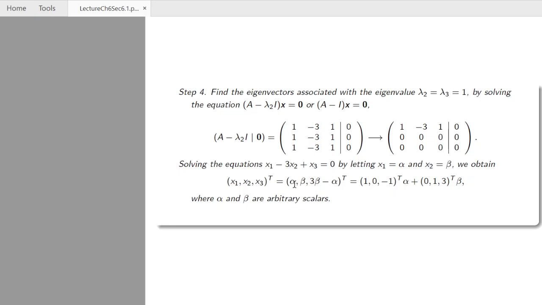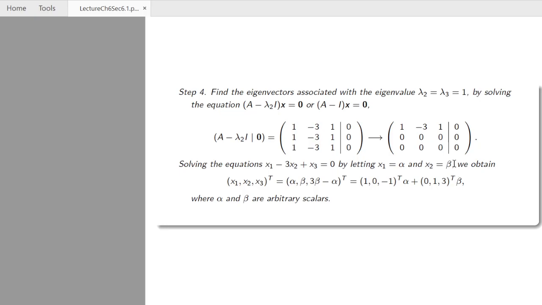So here we pick up alpha, so that's got a 1 here and 0 here and negative 1, so that's the first term. And then the second one, where we think about alpha being 0, we get 0, 1, 1 times beta.